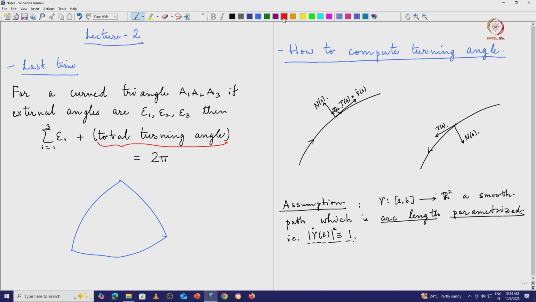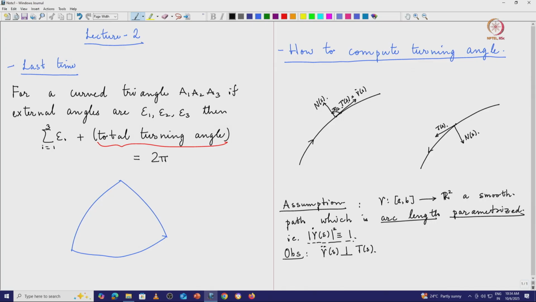Now for the first curve, you notice the curve is bending away from the normal. So if you calculate the acceleration vector, let me do this calculation. This is a simple observation: the acceleration vector is always going to be perpendicular to the velocity vector.